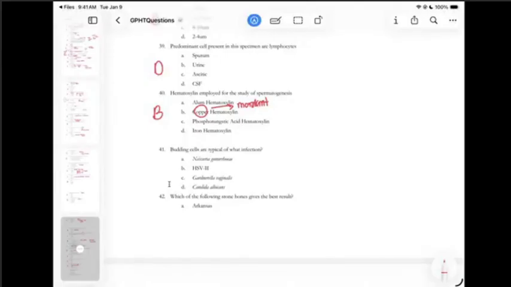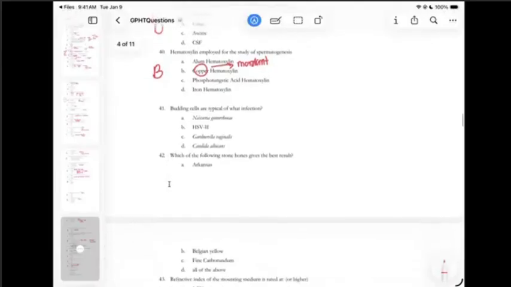Number 41, budding yeast cells. Budding yeast cells also form pseudohyphae. You see this in your pap smear. Usually this would involve moniliasis or candidiasis, which we see among diabetics and immunocompromised patients.